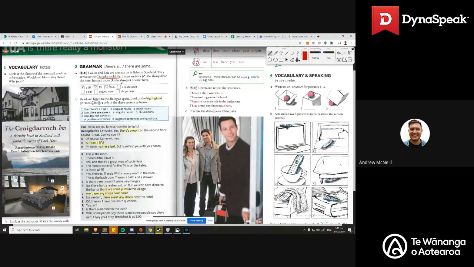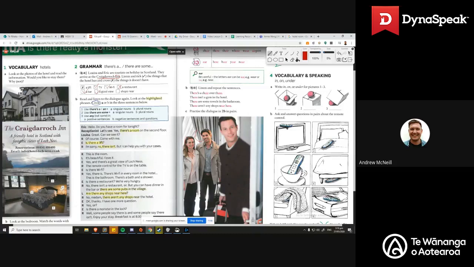Is there a restaurant? No, there is not. Is there a bar? Yes, there is. Is there a good view? Yes, there is. They comment on a nice view of the loch.